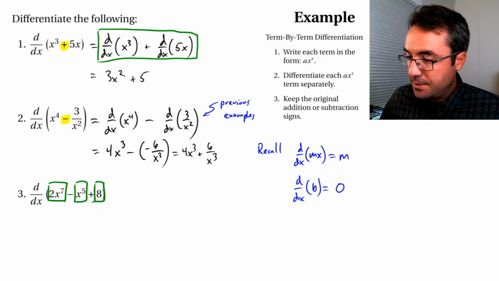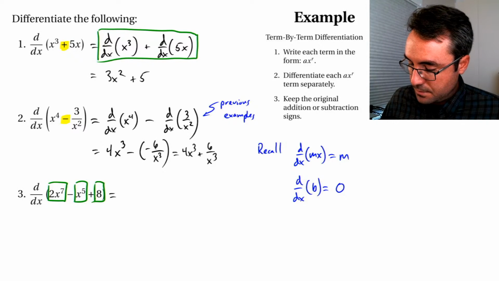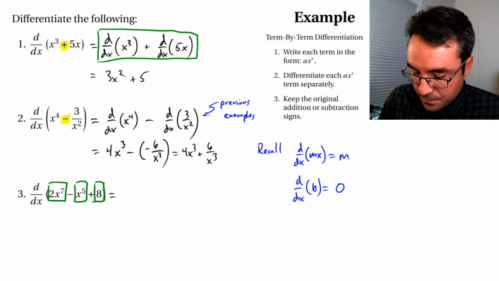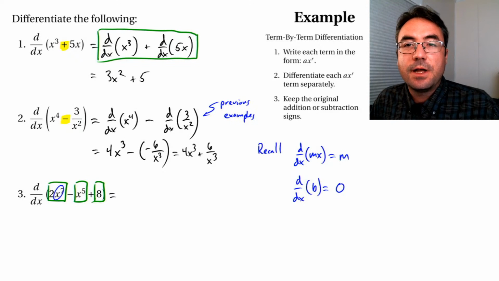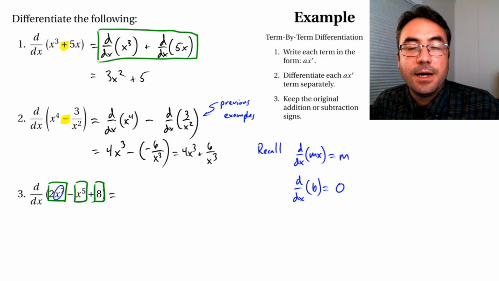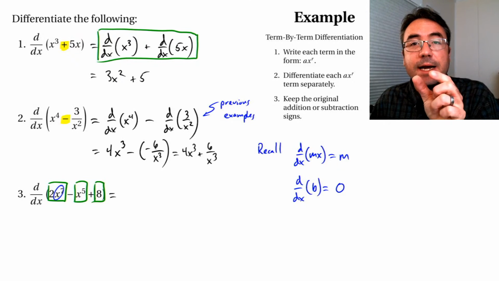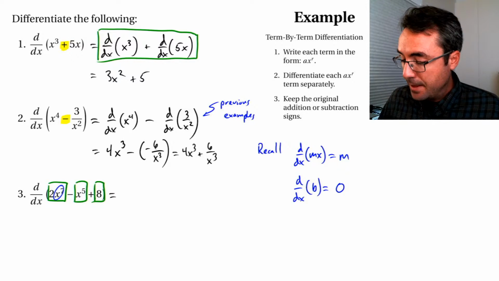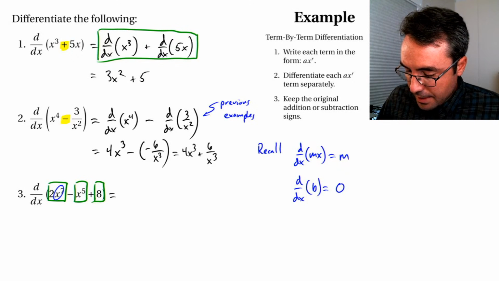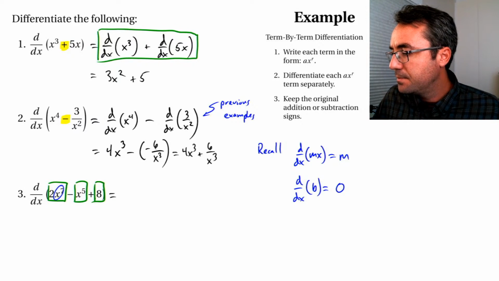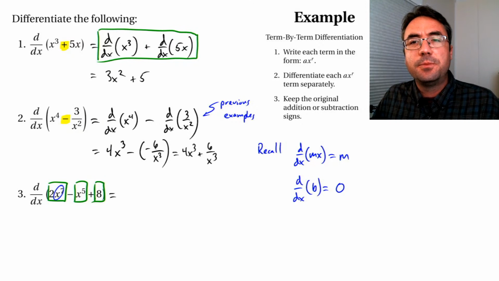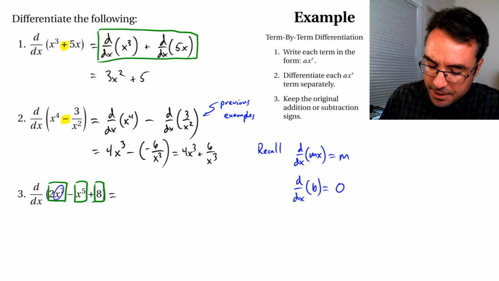So for the first one, let's circle our variable term there. It's a constant multiple, so it's 2 times x to the power 7. Actually, let's introduce a little bit of shorthand notation here.